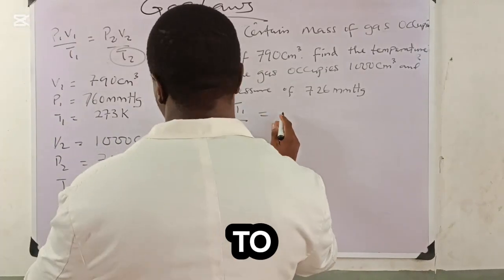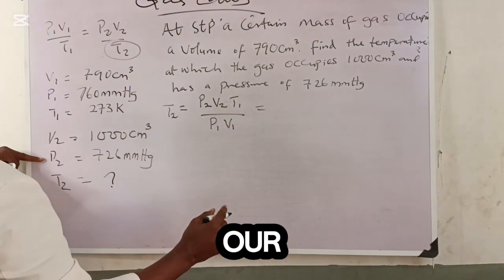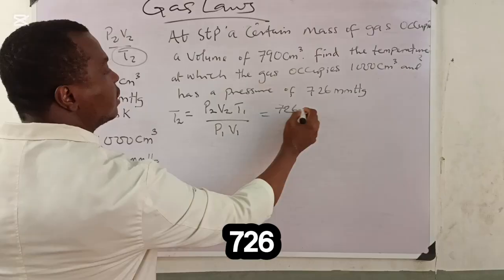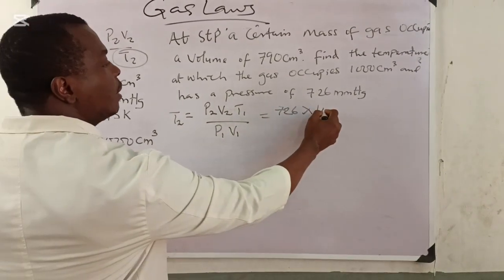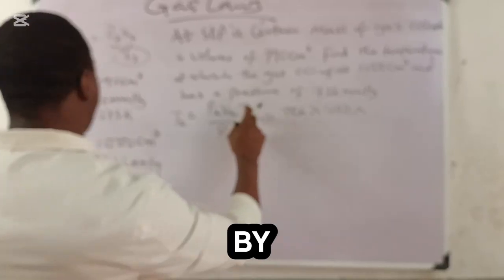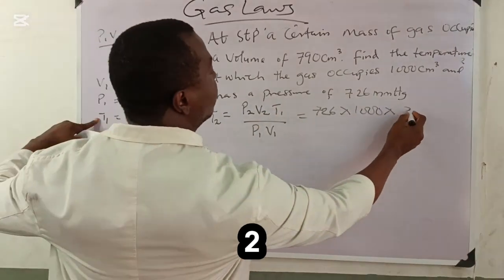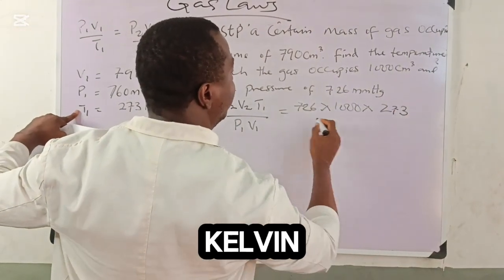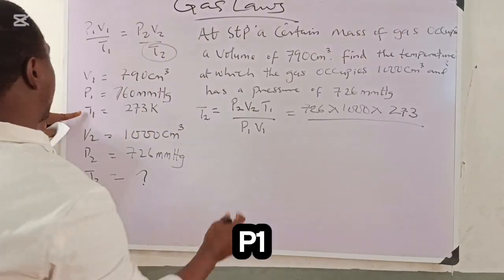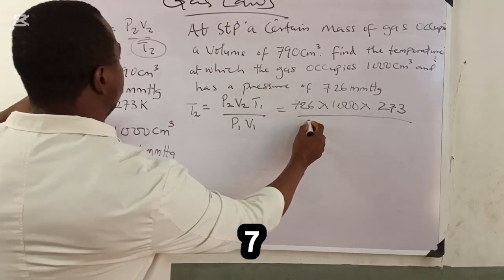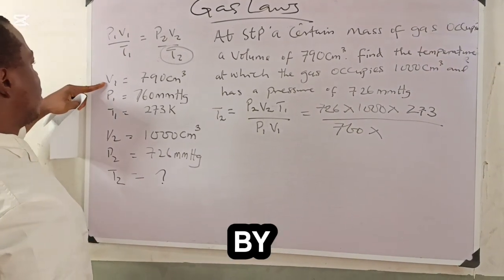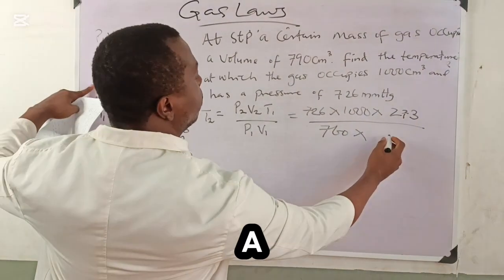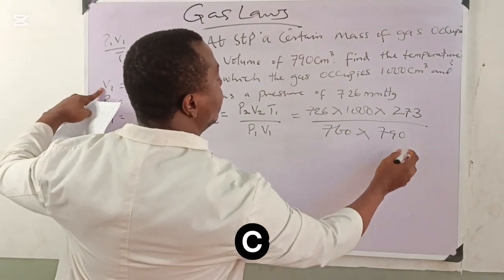And this is equal to our P2 here. Our P2 is 726 multiplied by our V2, which is 1000, multiplied by our T1. Our T1 here is 273 Kelvin, all divided by our P1 V1. Our P1 here is 760 millimeter mercury, multiplied by our V1, which is 790 cm³.